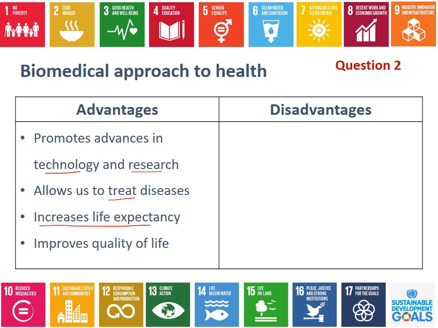And they also improve the quality of life. So let's go back, for example, to a person that's had a car accident and is paralyzed. If things didn't exist that would help them get around, the quality of their life would be really low. So if you're someone with a lot of pain and you can take medication that reduces your pain, that's going to improve your life.